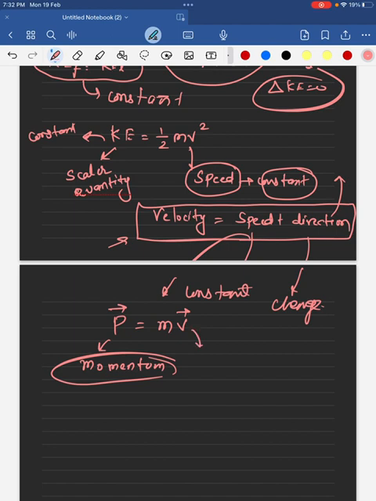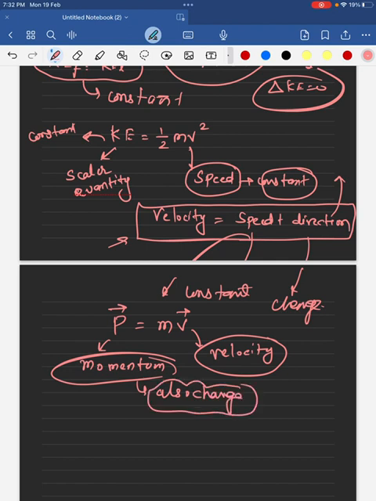So this is the velocity, and velocity changes, so we can say the momentum also changes. Yes, sir, you are right. But momentum changes only in direction, not in magnitude, because velocity changes only in direction, not in magnitude. Right, sir.